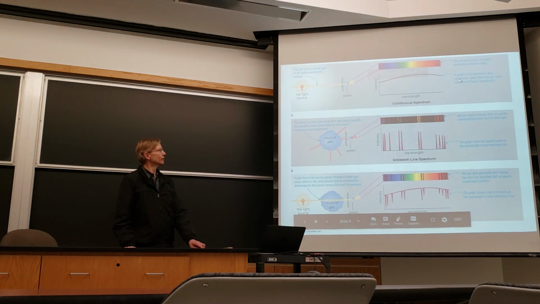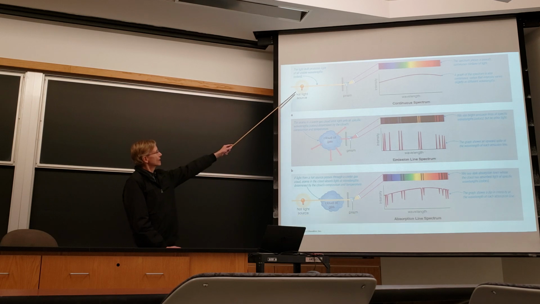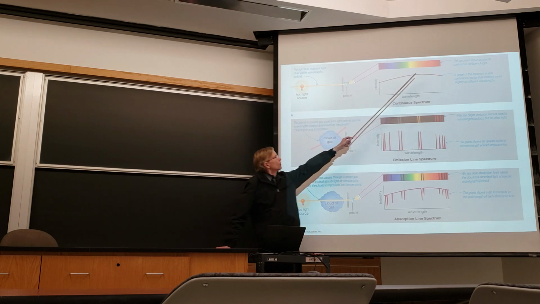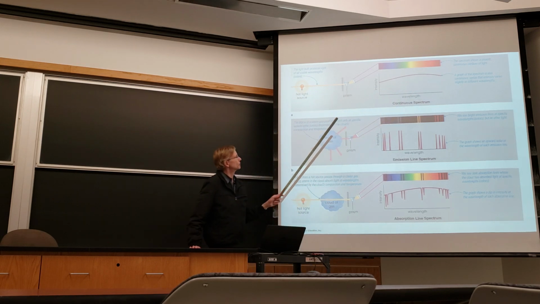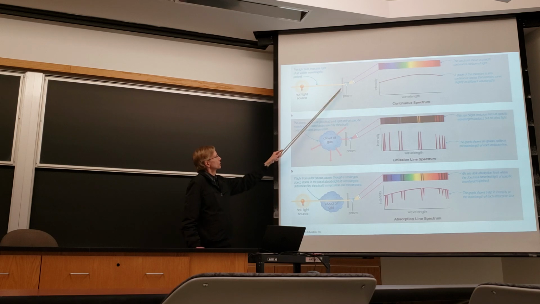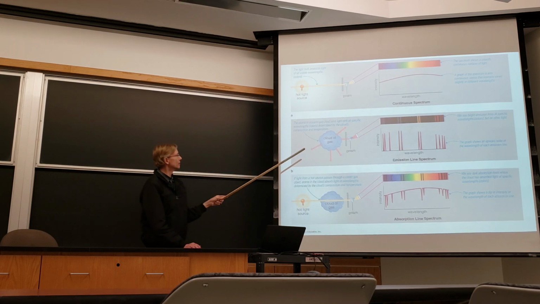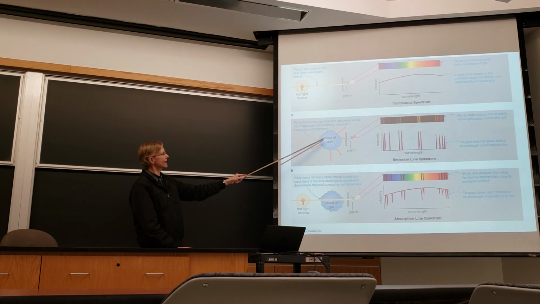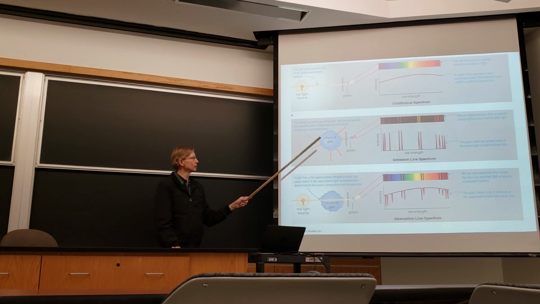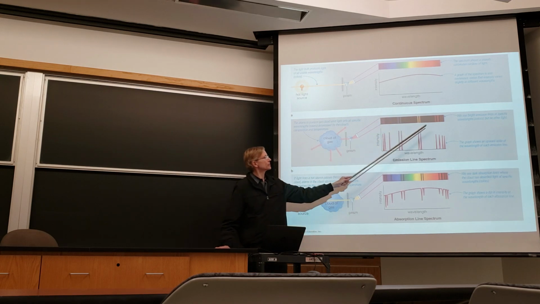So in the tutorial, it talks about how if you have a hot light source that's dense, like a light bulb filament, then you get a continuous rainbow spectrum, if you break the light into its various colors using a prism, or what's called a diffraction grating. If you have a hot cloud of gas, like in a neon sign, for example, then you get what's called an emission line spectrum.